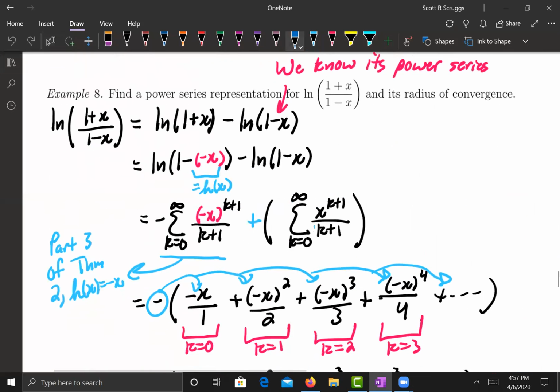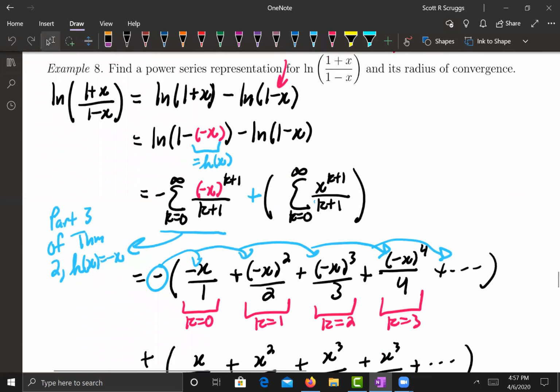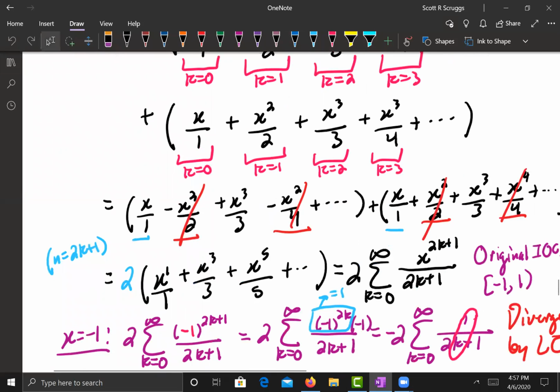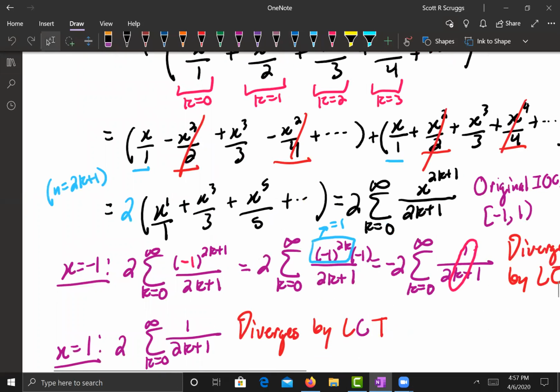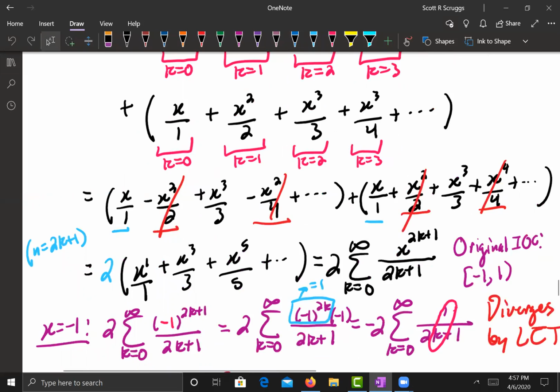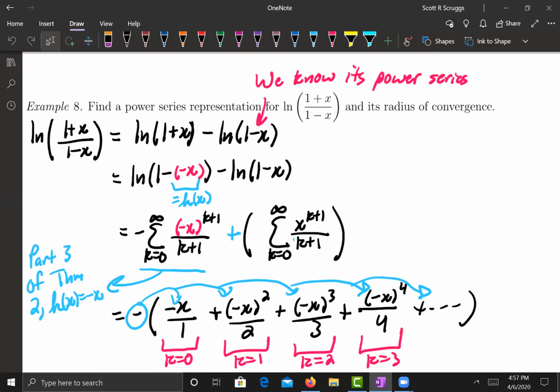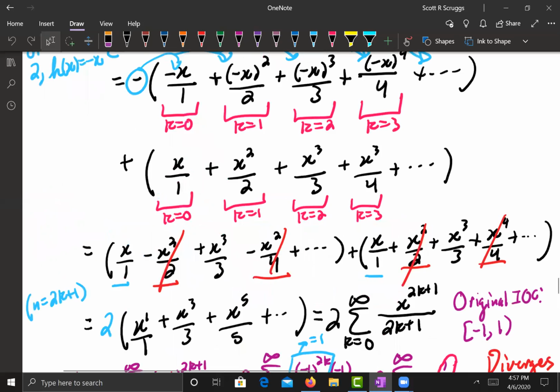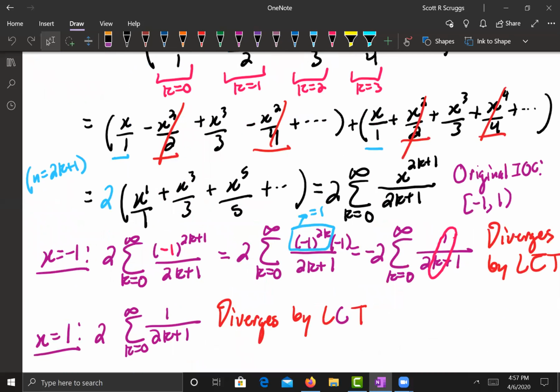And so here's one example where my interval of convergence did change. Example 8 here. So first I used the power series, so I have to check that again. In this example, my original interval of convergence was -1 to 1 with the left endpoint included.